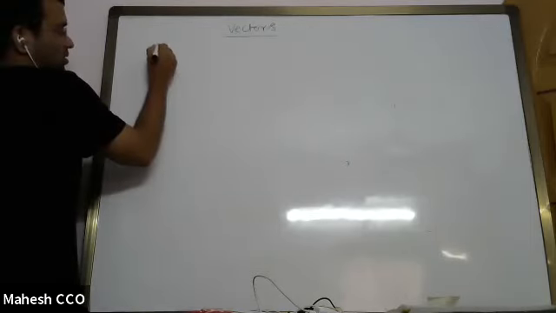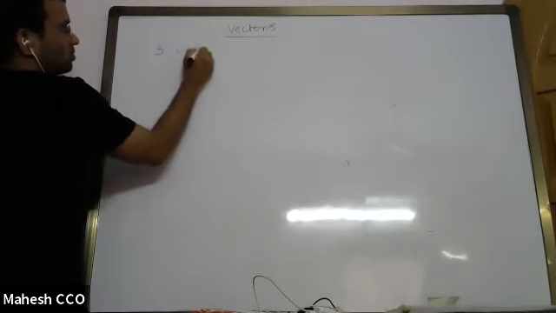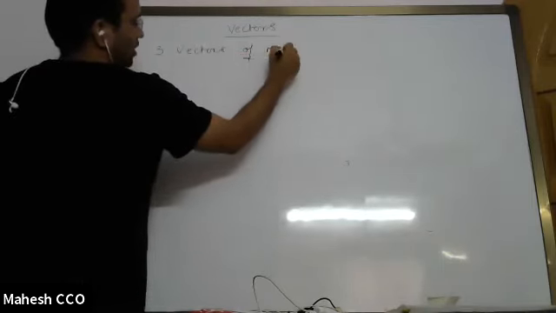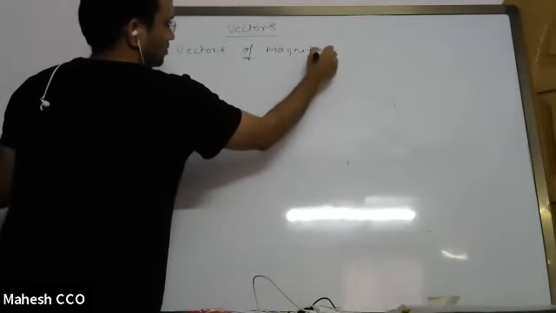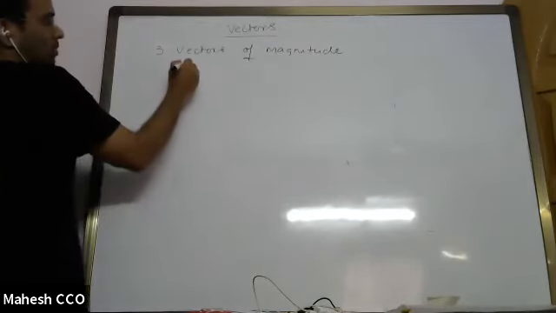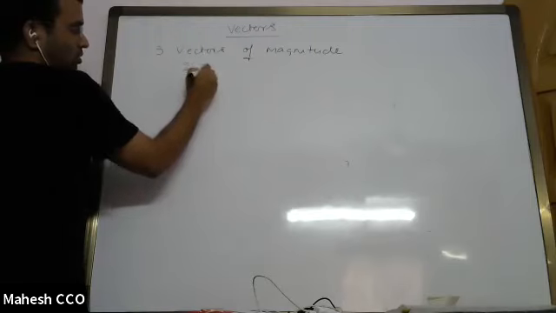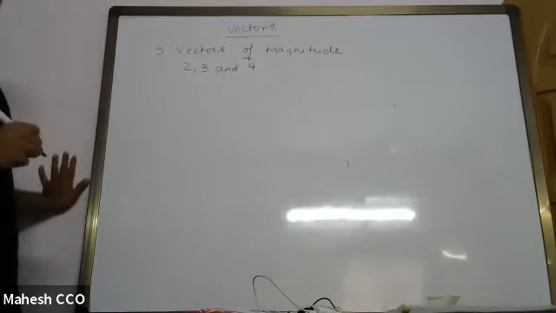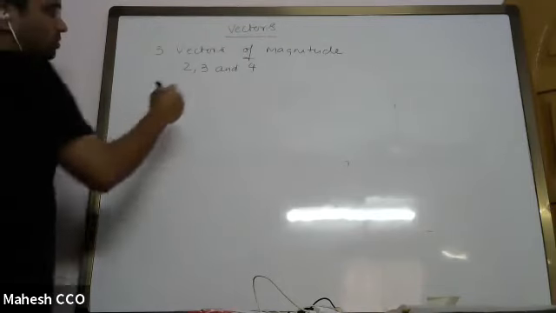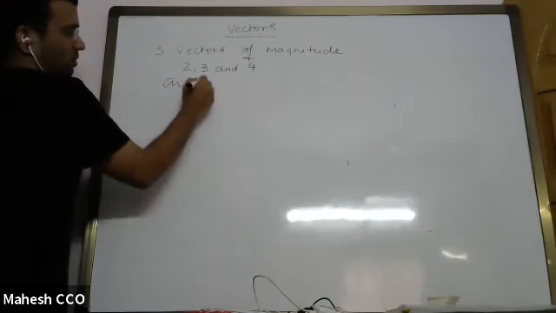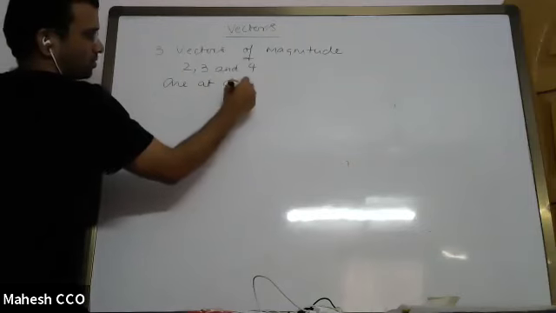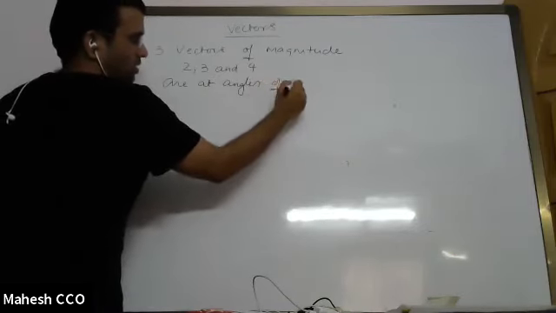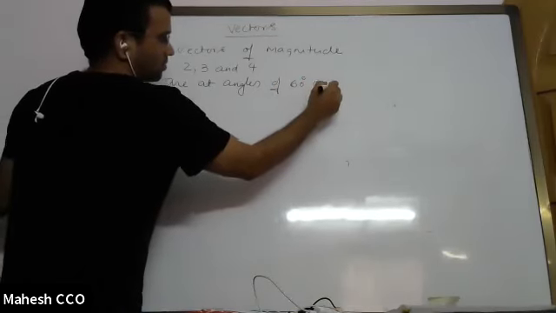Three vectors of magnitude 2, 3 and 4 are at angles of 60 degrees with each other.